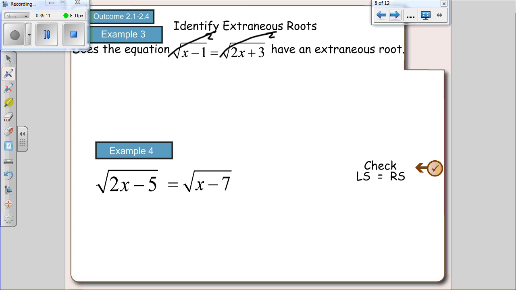Now you have x minus 1 is equal to 2x plus 3, which is a pretty easy question. To get x by itself, we're going to subtract x from both sides. We get negative 1 is equal to x plus 3.